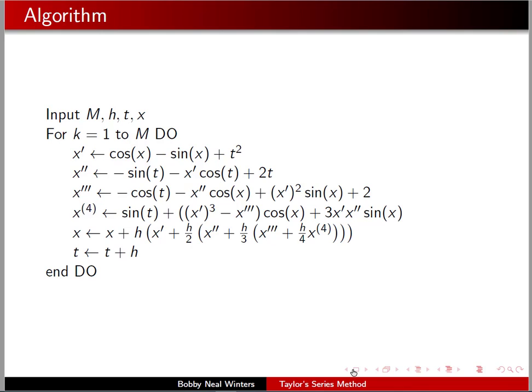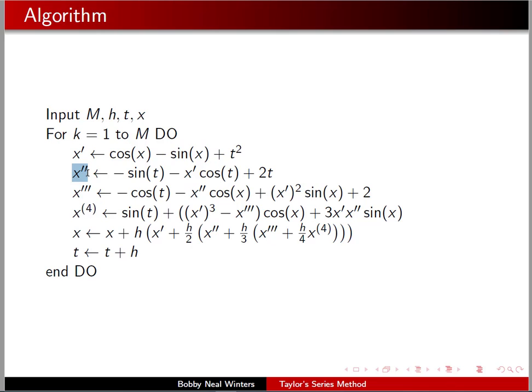When we create the algorithm to solve this equation, we will go through and evaluate these derivatives in order. Okay, so we've got the x prime evaluated, and so when we have it evaluated, we can roll it in here.